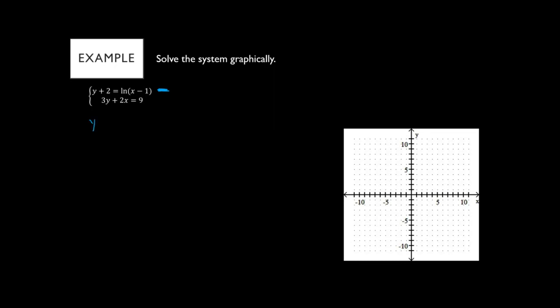So our first equation is y plus 2 equals the natural log of x minus 1. So when I'm graphing a natural log equation, I prefer to have it solve for y, and then I use function transformations. So if I subtract 2 from both sides, I'm actually going to graph y equals the natural log of x minus 1, then minus 2.